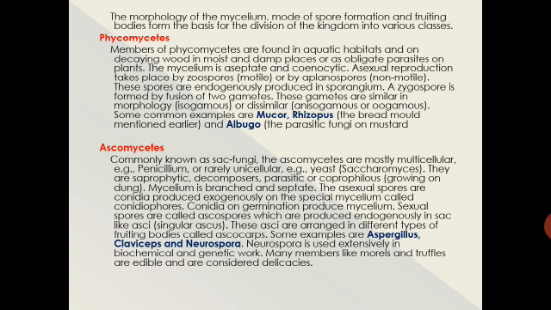These spores are endogenously produced in sporangium. A zygospore is formed by fusion of two gametes, and these gametes are similar in morphology or they may be dissimilar. Some examples are Mucor, Rhizopus and Albugo.